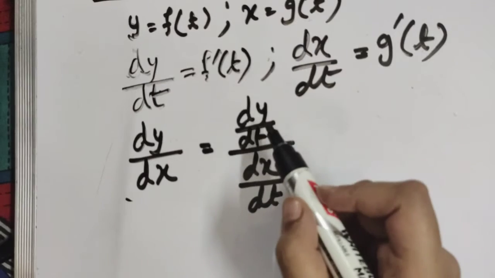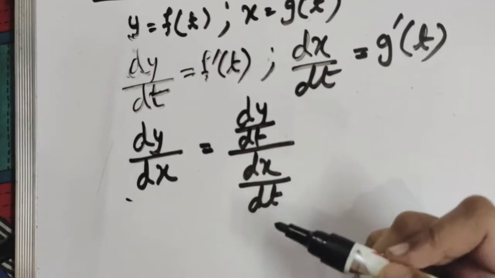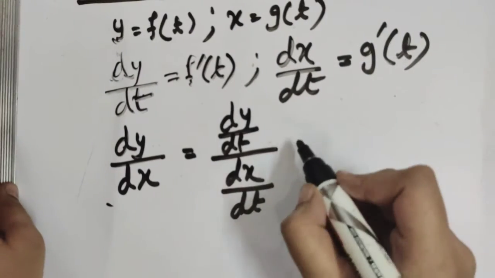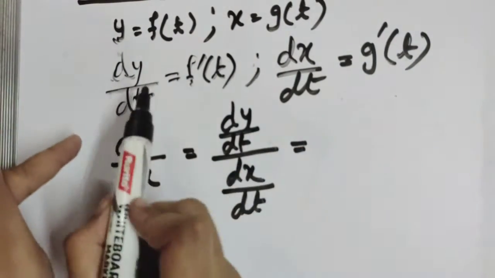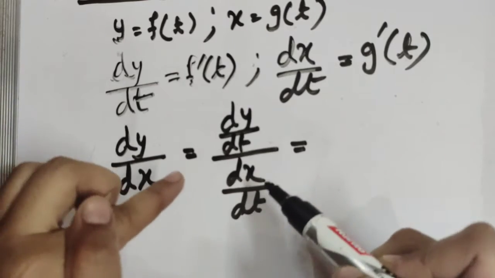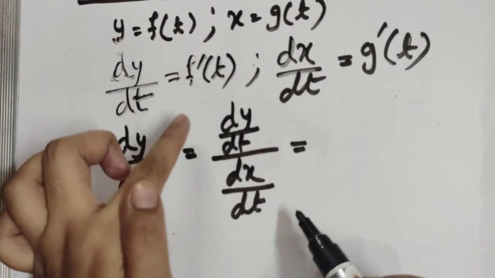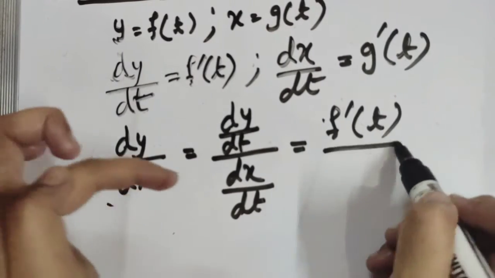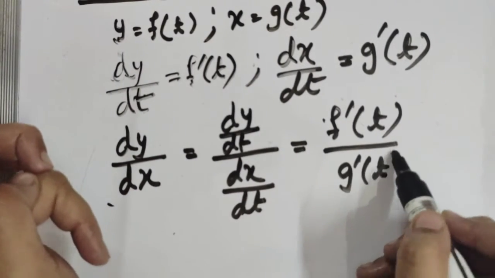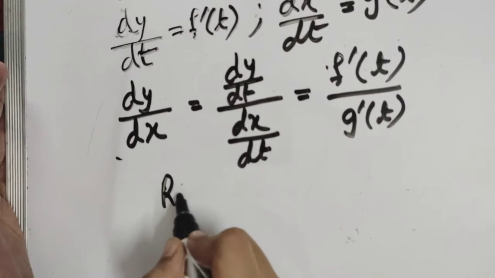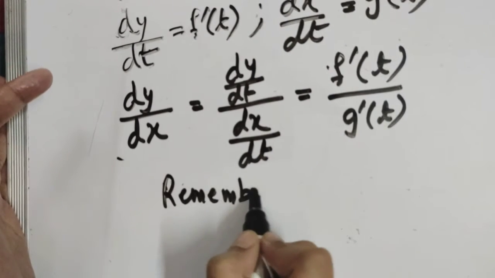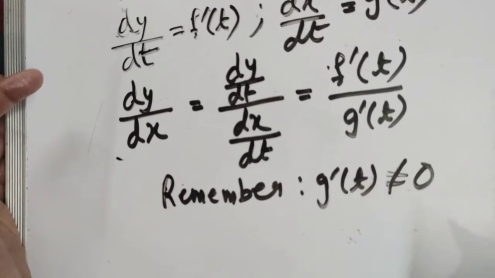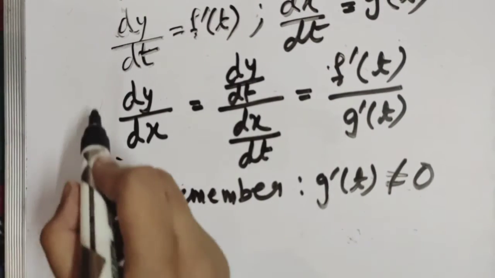So here we put dy by dt and dx by dt. Okay, so dy by dt is f dash t and dx by dt is g dash t, right? And remember one thing here, that g dash t not equals to 0, g dash t not equals to 0, and that is our formula.